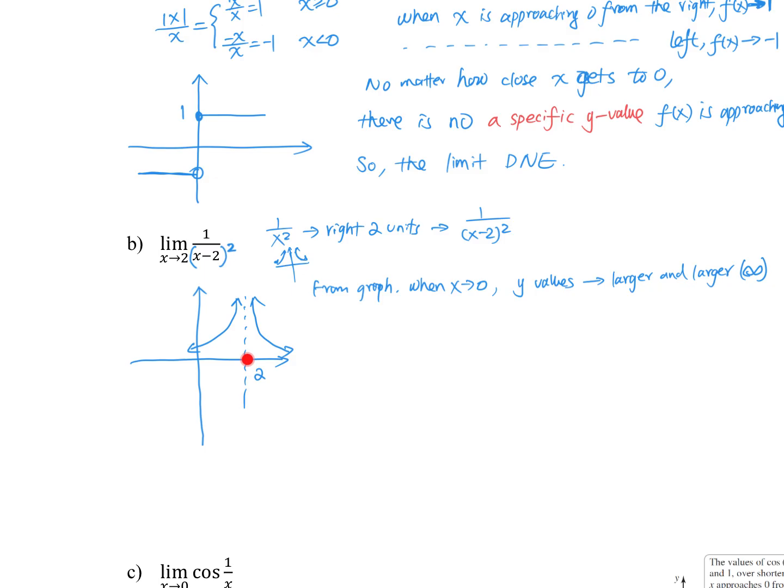For instance, if you claim y is 100, then I'll say when x is close enough, like 0.1 away from 2, the y value will be greater than 100. If you give me an even larger value, I can always find an x value closer to 2, so that the y value is larger than the value you name.